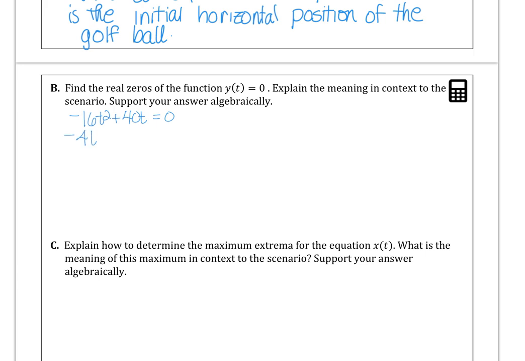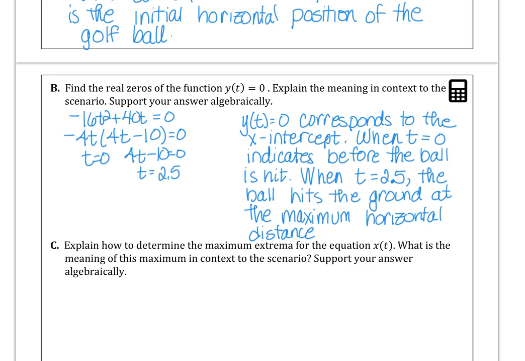We can make it negative 4t times (4t minus 10). That would happen at t equals 0. That would also happen when 4t minus 10 is 0. 10 divided by 4 is 2.5, so at 2.5.